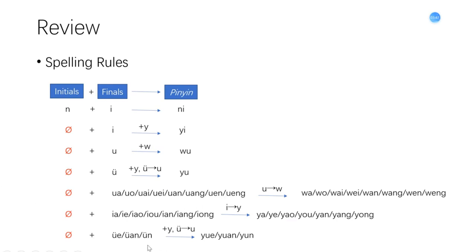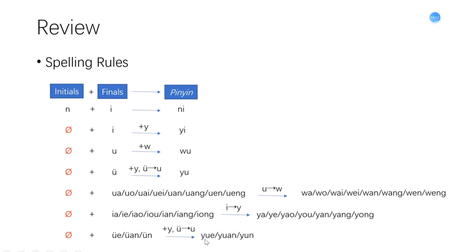Okay, and similarly, if there's no initial plus a final beginning with Ü, like Yue, Yuan, Yun, then according to the writing rules, first we add a letter Y, and then we remove the two dots of Ü, changing this Ü into U. So when writing, we write in this way: Yue, Yuan, Yun.